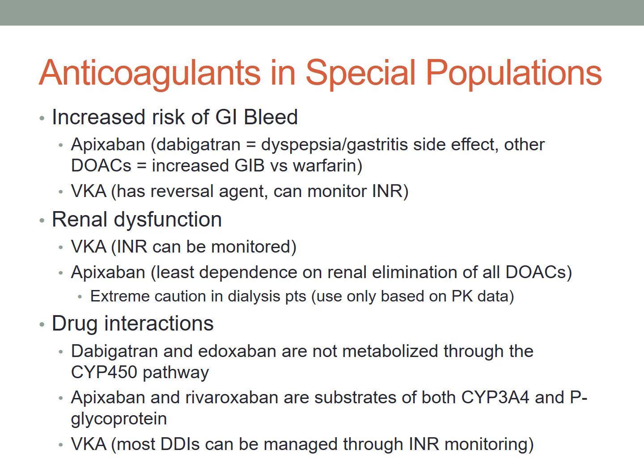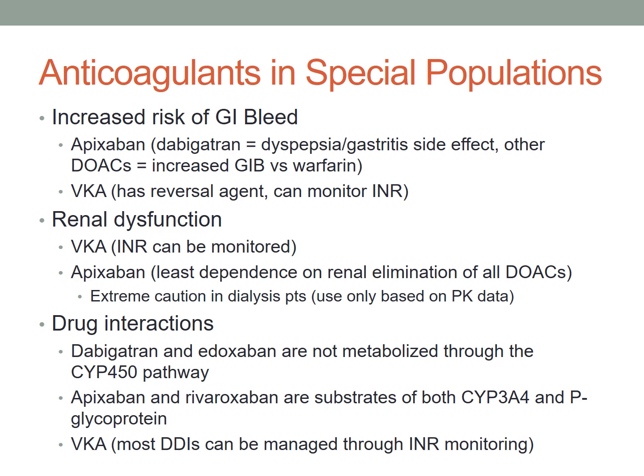In patients with renal dysfunction, our warfarin, our VKA, again, the INR can be monitored. However, I did discuss how apixaban might be the best choice in these patients as it has the least dependence on renal elimination of all the DOACs. However, it's important to note that in your dialysis patients, you should really use extreme caution because the dosing and the use that we have is really only based on pharmacokinetic data and not actual clinical data in patients.